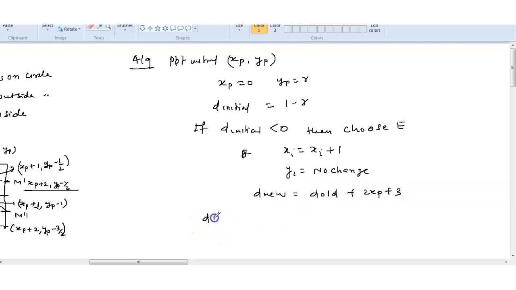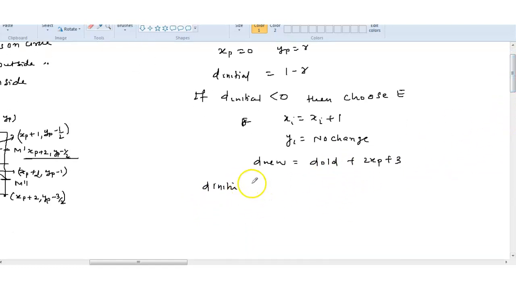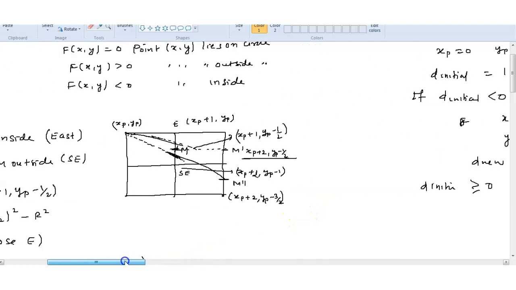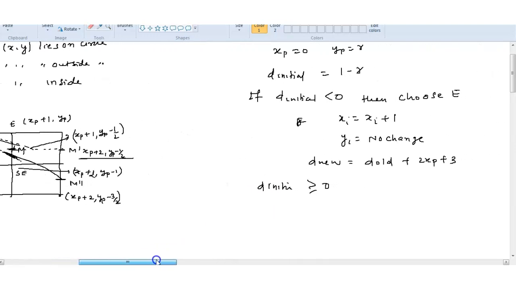And if at any point of time d new is greater than or equal to 0, then x will be incremented by 1 and y will be also decremented by 1. So we can write here x is equal to xi plus 1, yi becomes yi minus 1, because we have seen here this was xp plus 1, we have incremented xp, and y is here yp minus 1.